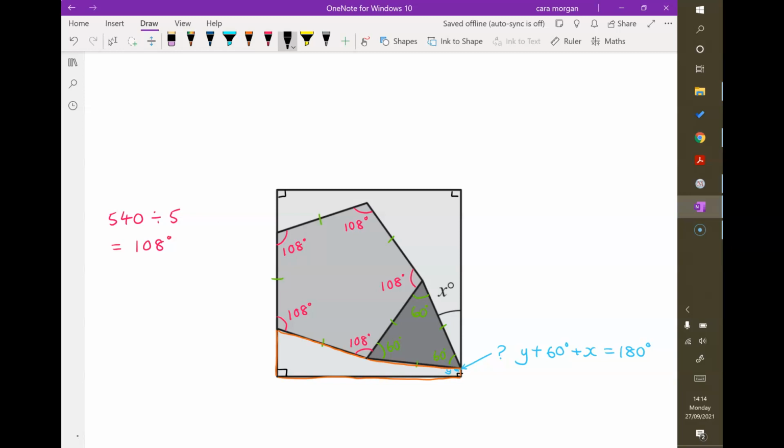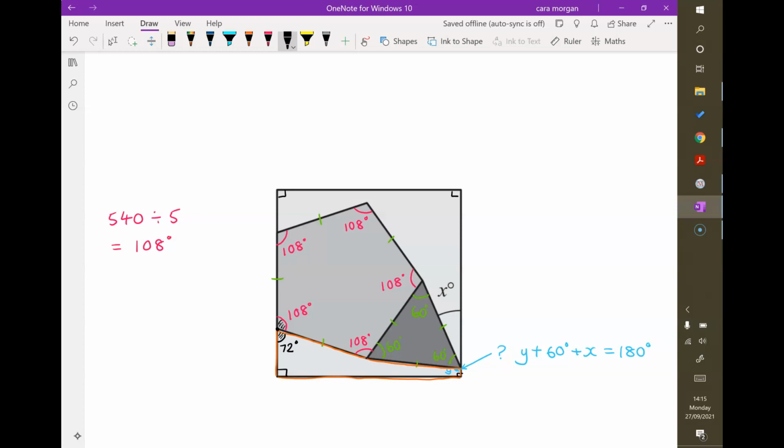So what I can do from there is find all of its interior angles, all the ones that I can possibly find. I can work out that that top left angle in my irregular quadrilateral must be 72 degrees because those two angles added together must make 180 degrees, because that's at a point on a straight line. I'm just taking a moment to check that. That does add up to 180 degrees. I'm very capable of making some poor mistakes sometimes.